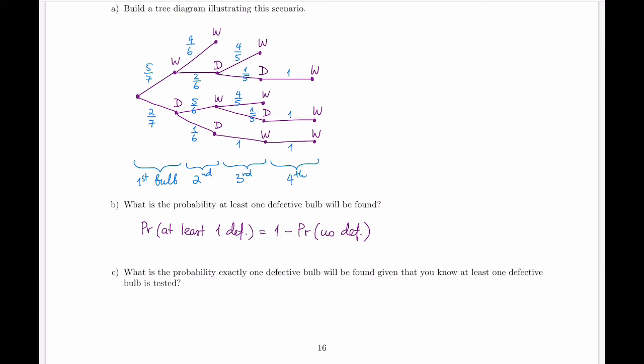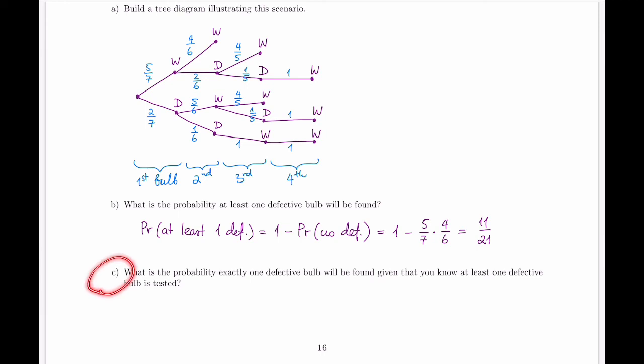So while I could add along all the 5 branches that correspond to at least one defective light bulb, I can save myself a lot of work, compute only along the branch that has no defective light bulbs and subtract that from 1. So in this case, the no defective light bulbs is only this branch right here, which corresponds to 5/7 times 4/6. And that's our answer here. We can compute that all together. It should come out to be 11 out of 21.